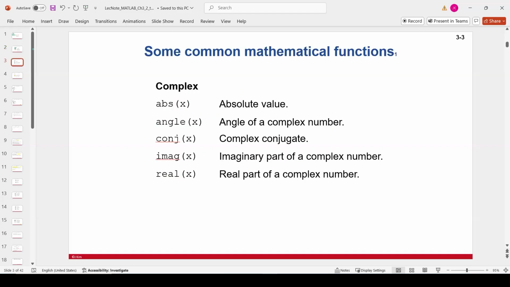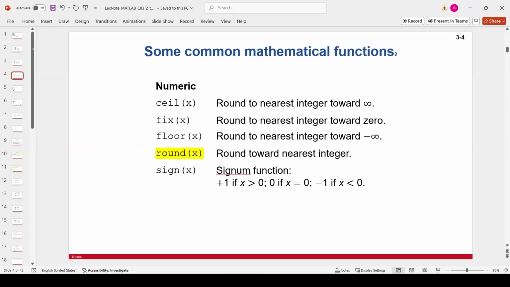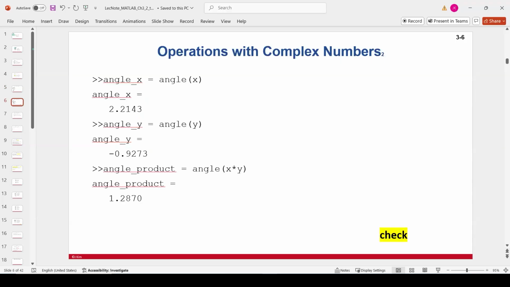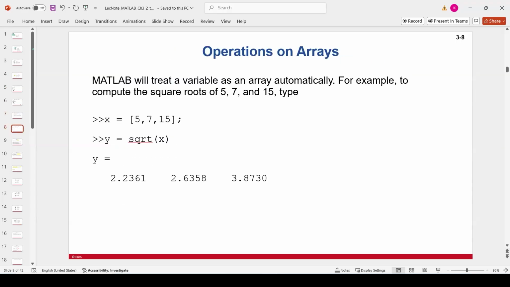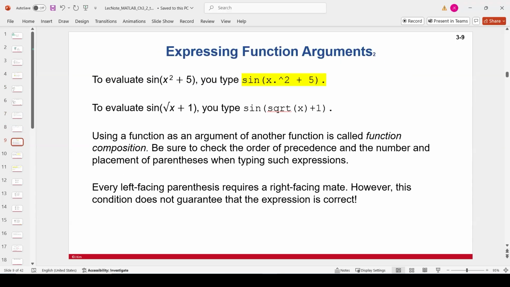Okay, no. And then these are some of the common functions provided by MATLAB. abs is the function to obtain the absolute value and so on. And we talked about these as well, and we went over some of these example problems. And this part we also talked about, right?